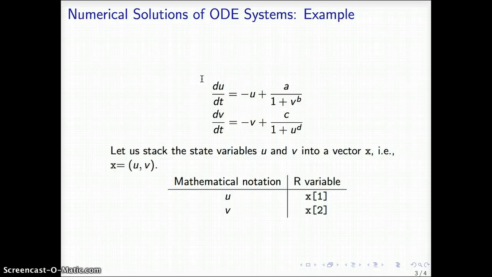So there is a distinction between the mathematical notation and the variables in R. We will write code, and instead of using u and v, we're going to use x1 for u and x2 for v, and we're going to think of u comma v as a vector x. You'll see that it will become more clear in just a minute when we execute the ODE solver.